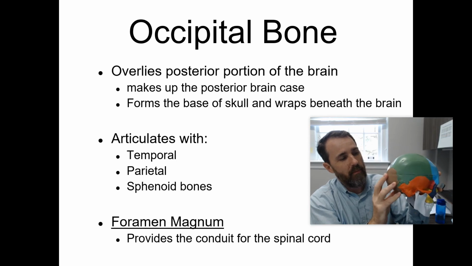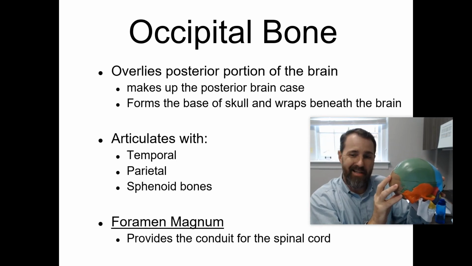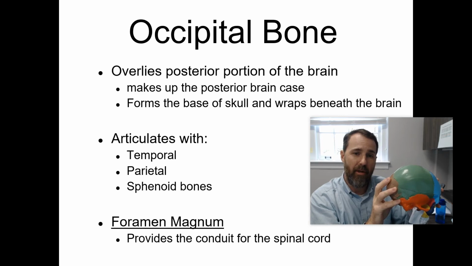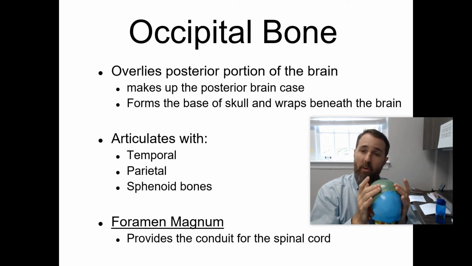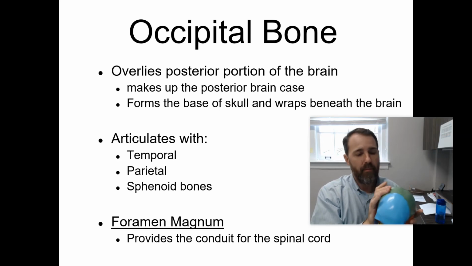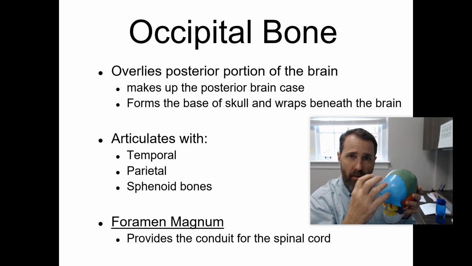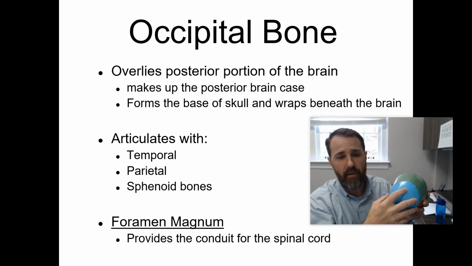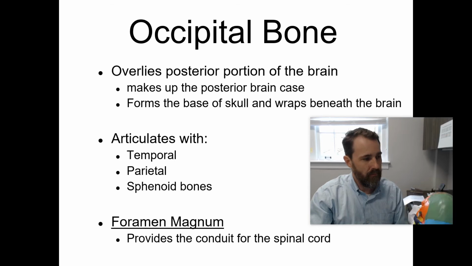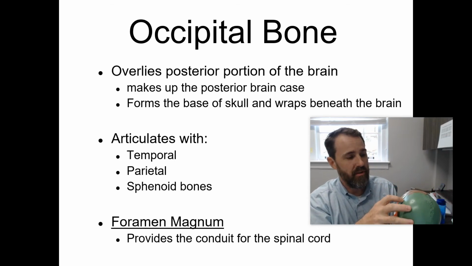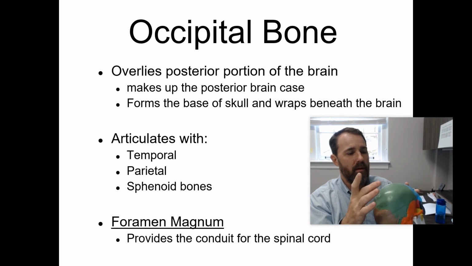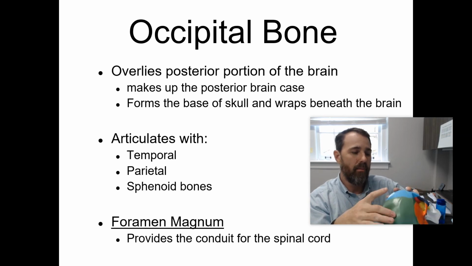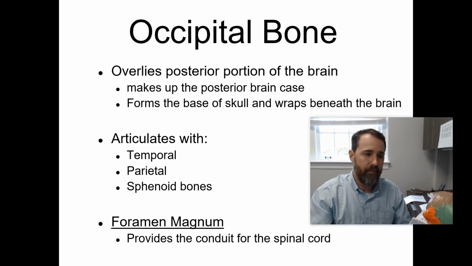The occipital bone overlays the occipital portion of the brain, just like the parietal bones overlie the parietal lobes of the brain, and just like the frontal bone overlies the frontal lobes of the brain. And we're going to get to the brain at the end of this class. But just so you know now, occipital bone covers the occipital lobe. Parietal bone, parietal lobe, frontal bone, frontal lobe.